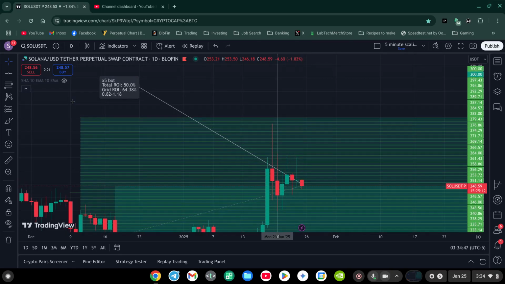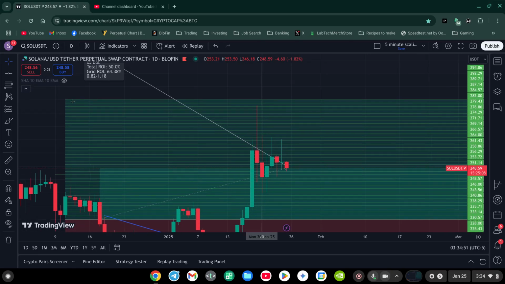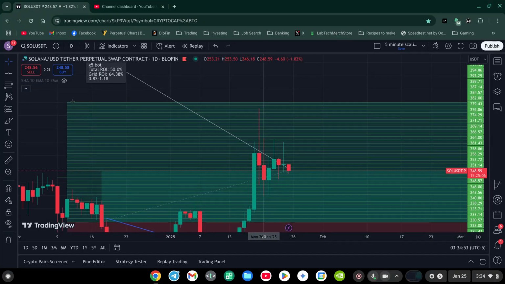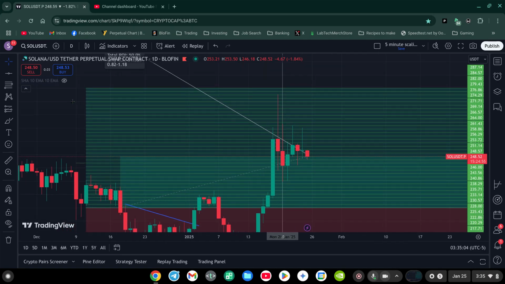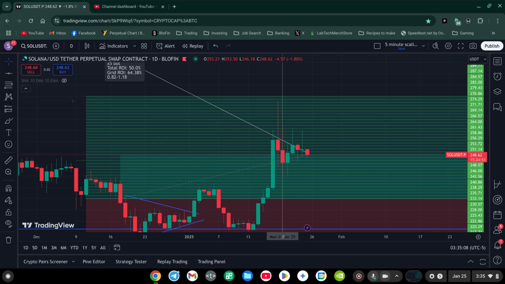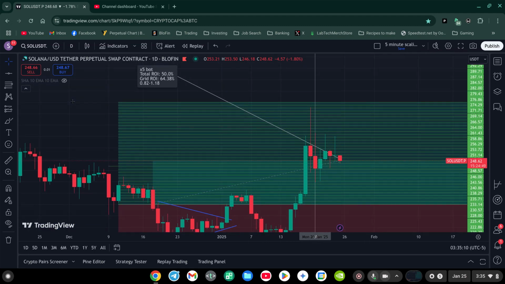It's all sort of arguable, but you could also say there's no need to set the grid that wide if you're not going to hold the bot that long anyhow. But yeah, anyway.